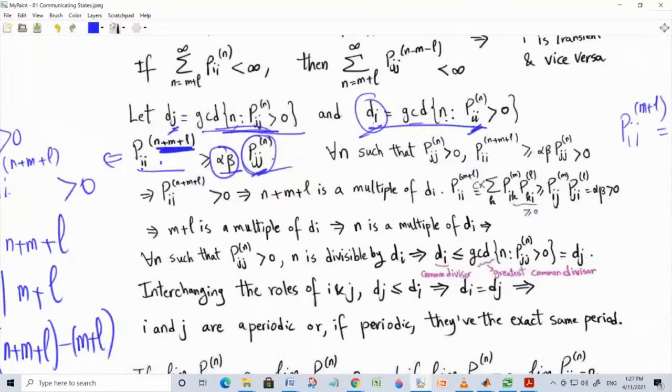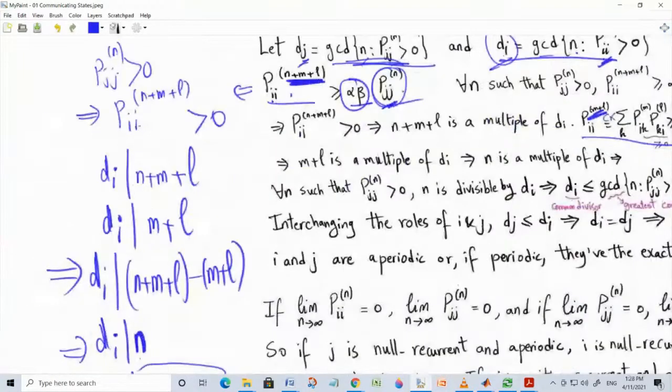Then we can do a small-scale application of the Chapman-Kolmogorov equation and show that m plus l itself is a multiple of di. At time instant m plus l, it must be the case that bii is strictly positive. It's lower bounded by alpha beta, and this is strictly positive.